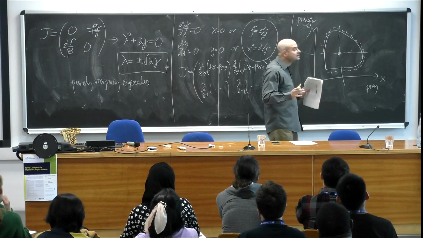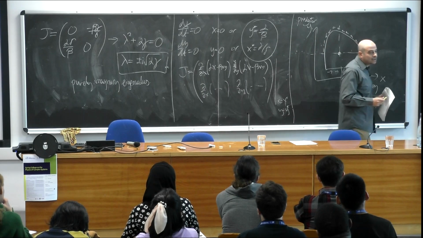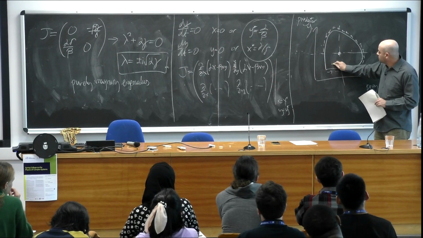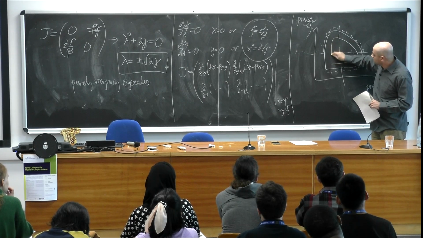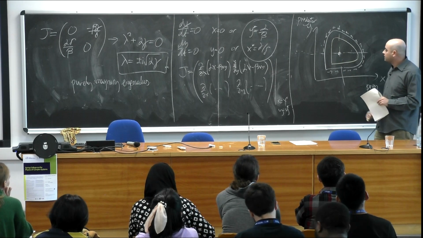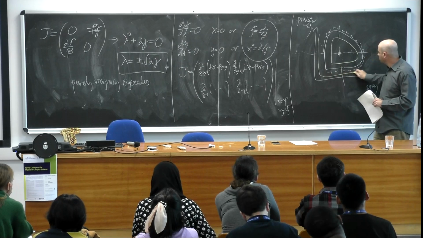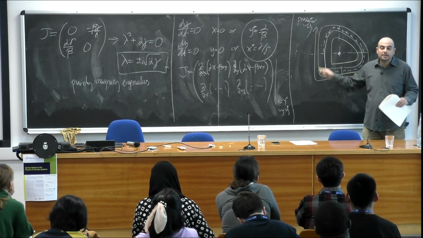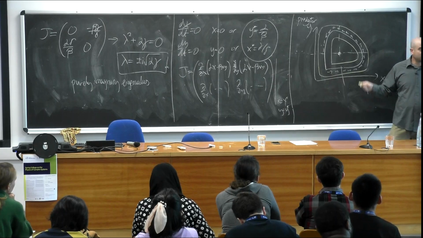Whatever initial condition I start with, I will find a stable orbit, right? So if I started here, there will be a stable orbit here, okay? If I started here, there will be a stable orbit here, right? Wherever I start, I end up with that stable orbit, okay?